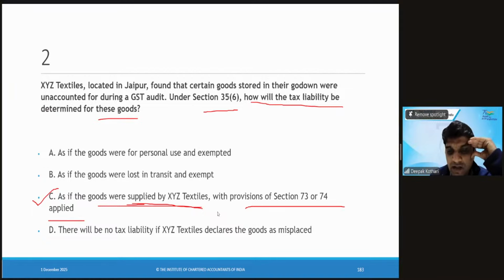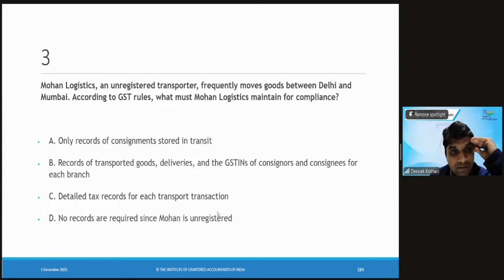Penalty is 10%, Nagraja. Clear, Nagraja?